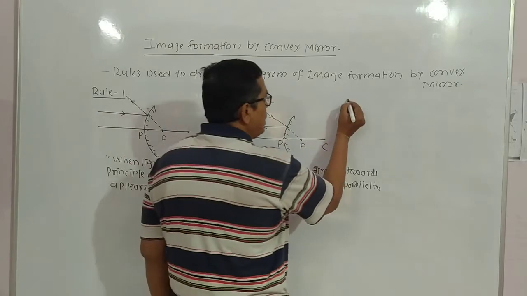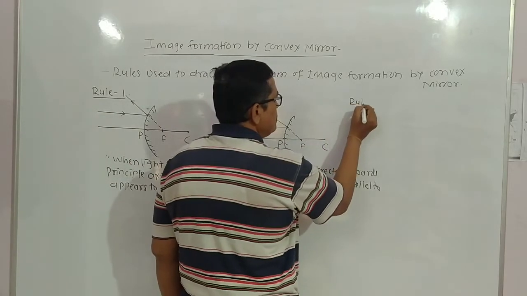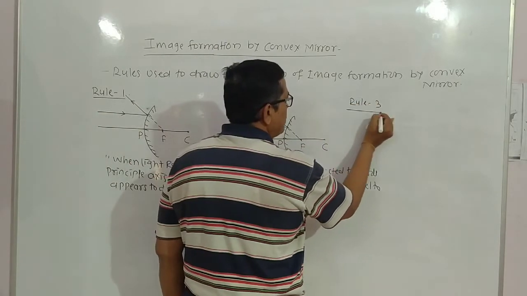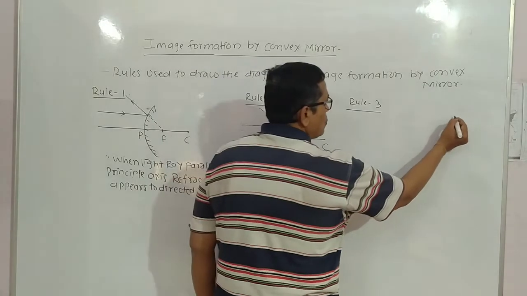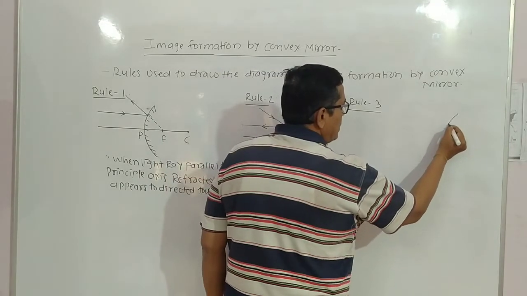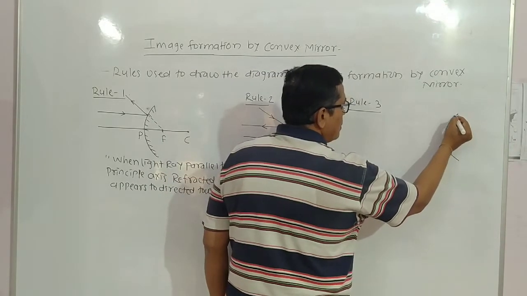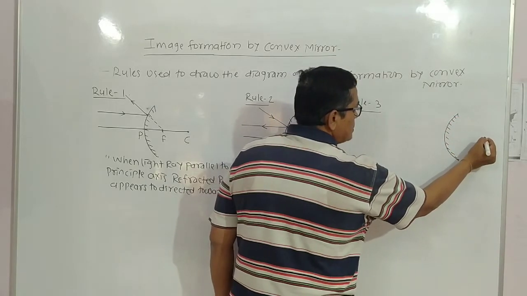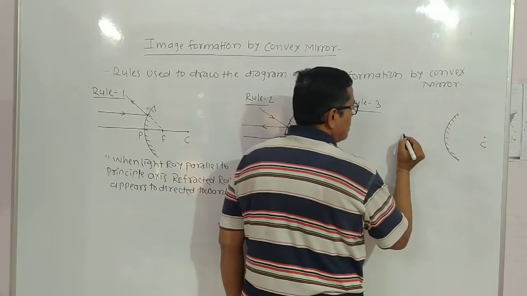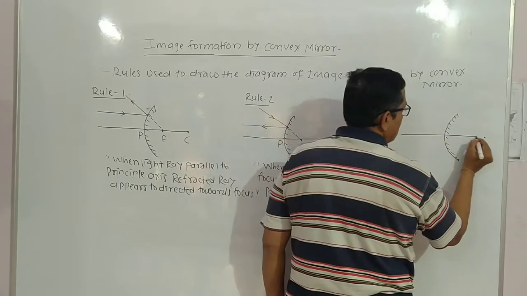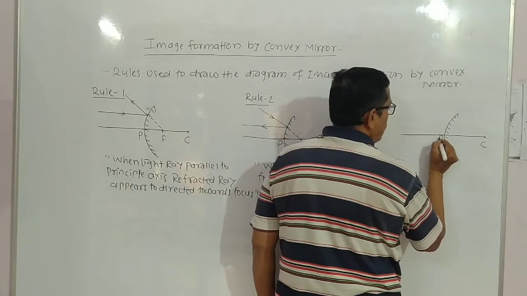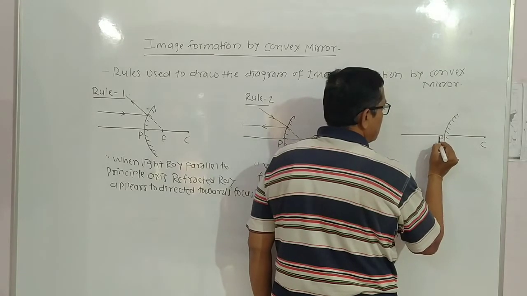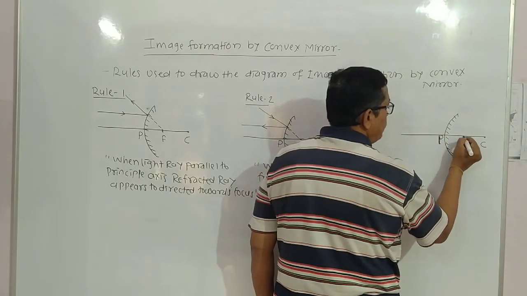Then rule number three. Here is the convex mirror, the center of curvature, the pole of the mirror, and the focus.